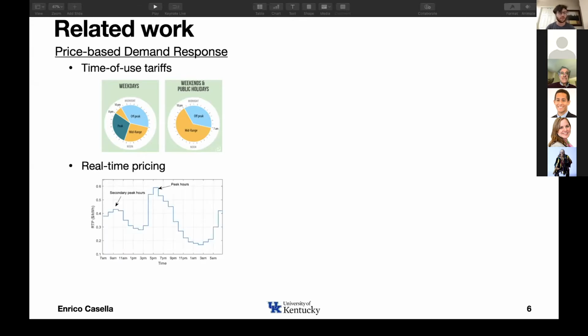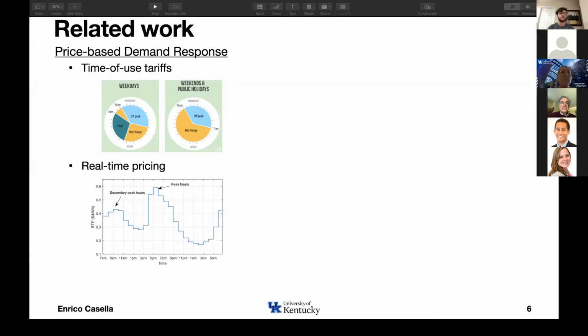Similarly, you can also have real-time pricing, where the price changes in real time according to the use of the users. Now, the problem with this approach is that the users are not really aware of what is going on, and they usually don't change their behavior that much. So they're not responsive.